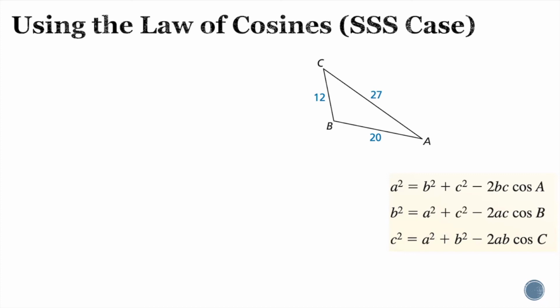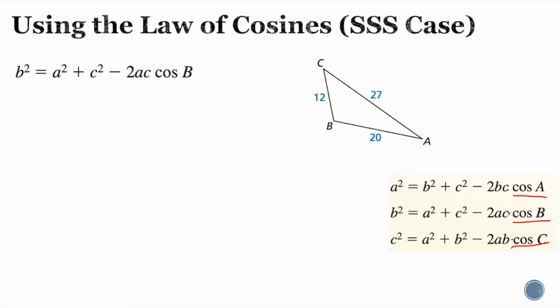Here we have the information given for all the sides, hence your SSS case. Now it's a little more involved because if you notice, every time we have an angle, it's all the way multiplying to the back of the equation. It's just a little more algebra, but again, doable.